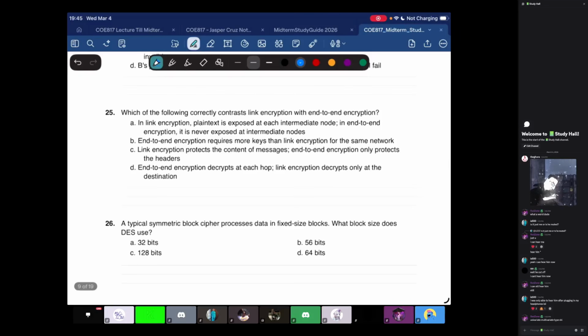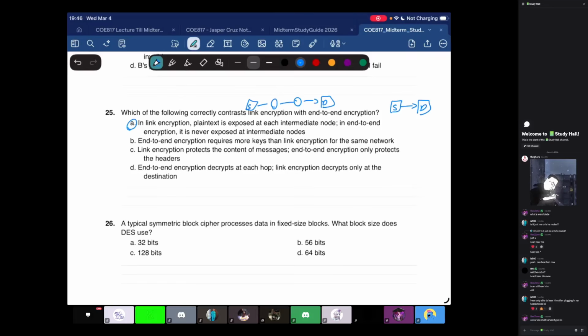Which of the following correctly contrasts link encryption with end-to-end encryption? Link encryption was what I said earlier, with your source having to go through multiple links before it gets to its destination, whereas end-to-end is where you are directly connected with your destination. So in link encryption, plaintext is exposed at each intermediate node. In end-to-end encryption, it is never exposed to intermediate nodes.